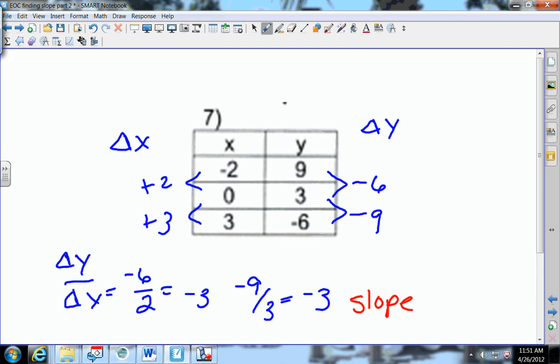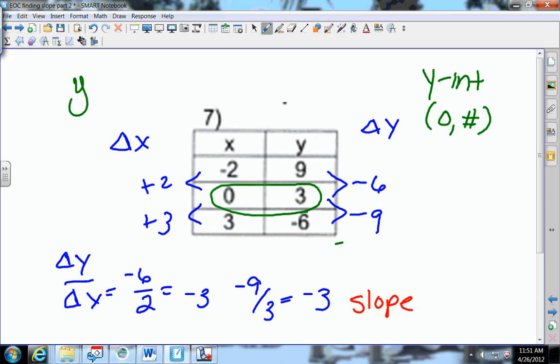Now, you should be able to tell immediately in the table, how do I know that this is my y-intercept? Because I know the y-intercept is 0 and some number. So if my y-intercept is 0, 3, my equation is going to be y equals negative 3x minus 3.